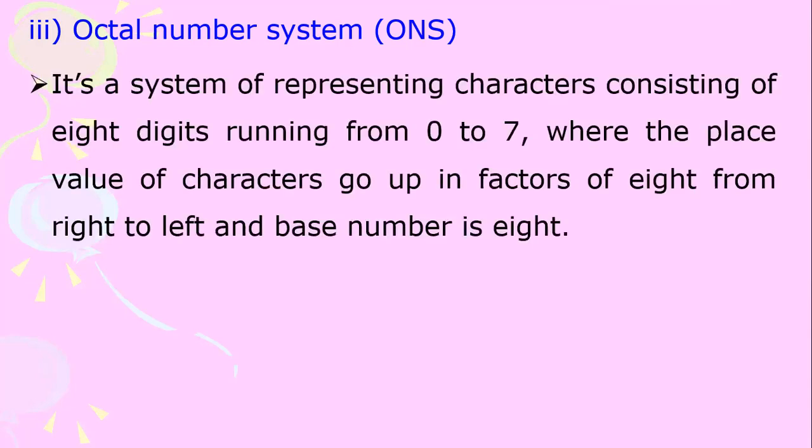Let's now focus on the octal number system, ONS. This is a system of representing characters consisting of 8 digits running from 0 to 7, where the place values of characters go up in factors of 8 from right to left, and the base number is 8.